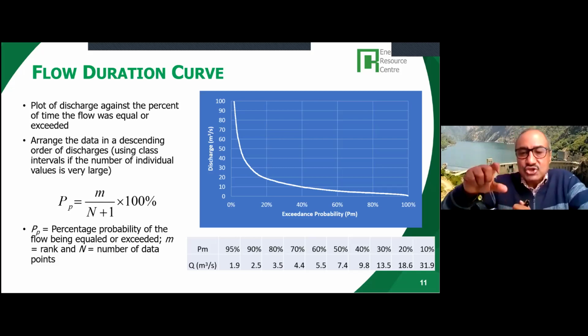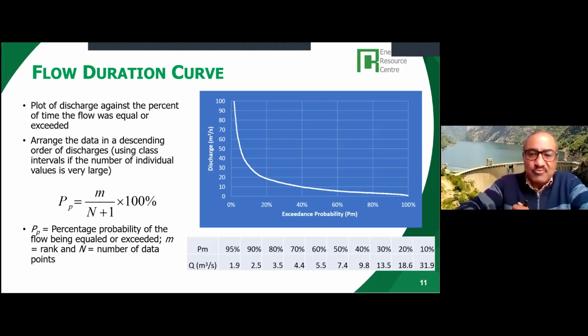So if you have a storage project and a run-of-the-river project, a good mix, then you can even design for 40%, 50%. In Nepal, in my country, there are projects nowadays designed for 40% reliability also. During the wet season it generates more, but during the dry season it generates less.